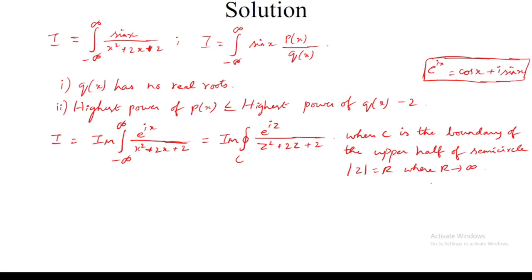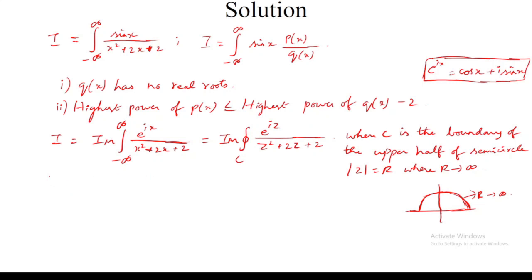If I want to draw the plot of c, it will look something like this. So c is nothing but the upper half of a semicircle, and this radius tends to infinity. Now I have to evaluate the imaginary part of the contour integration of e power iz divided by z square plus 2z plus 2.